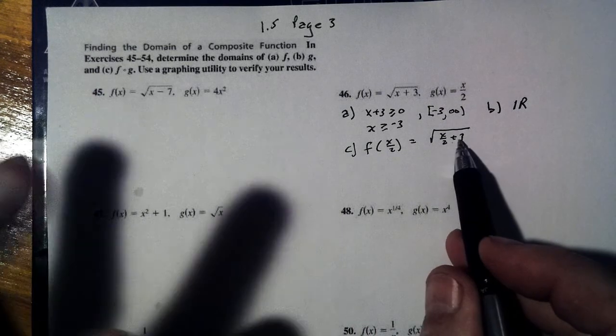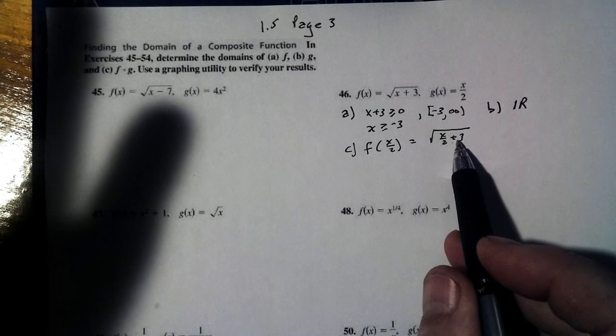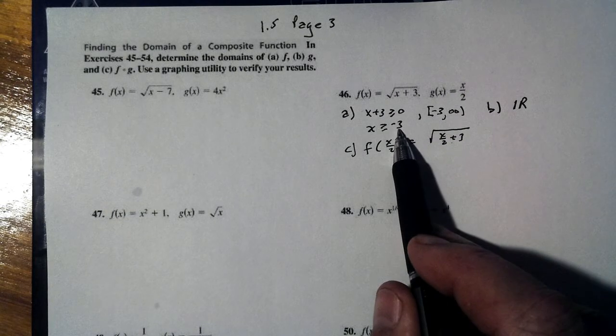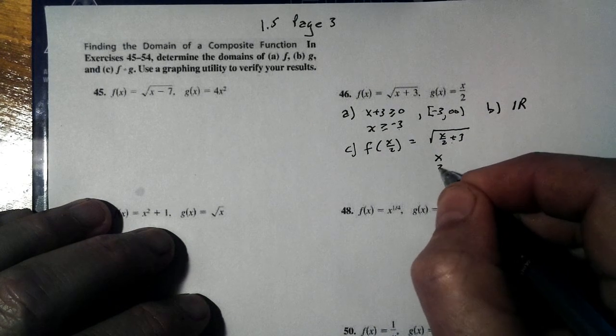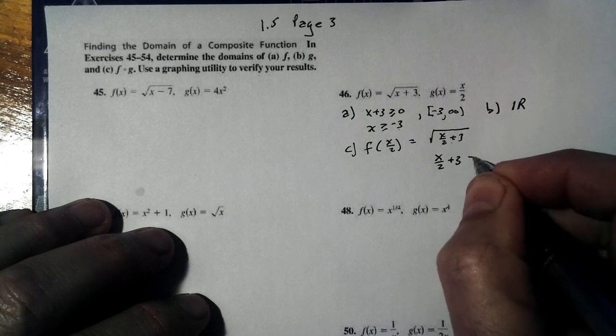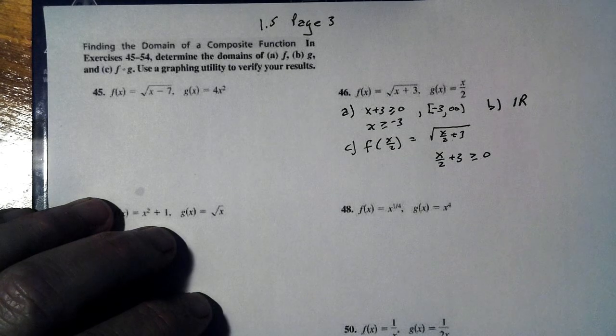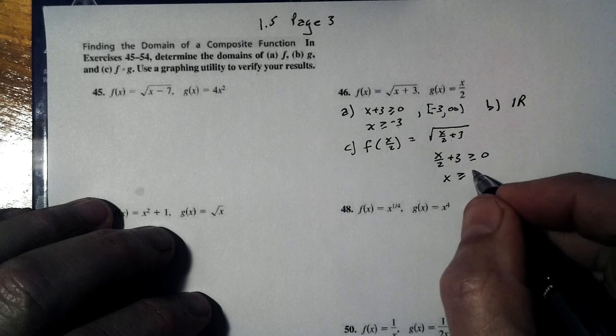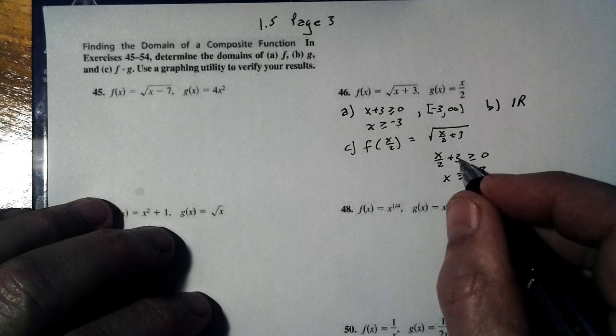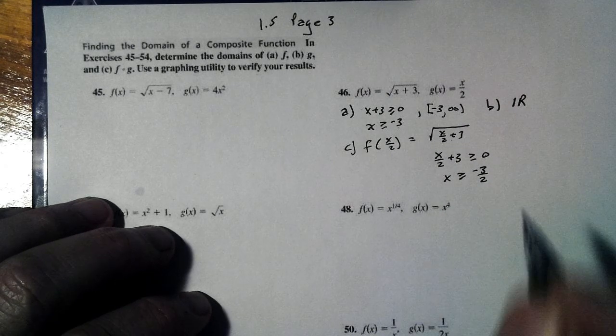So now, for the domain for it, -3 isn't really my box anymore. I know this, x over 2 plus 3 better be at least 0. So x better be at least, subtract 3, divide 2.